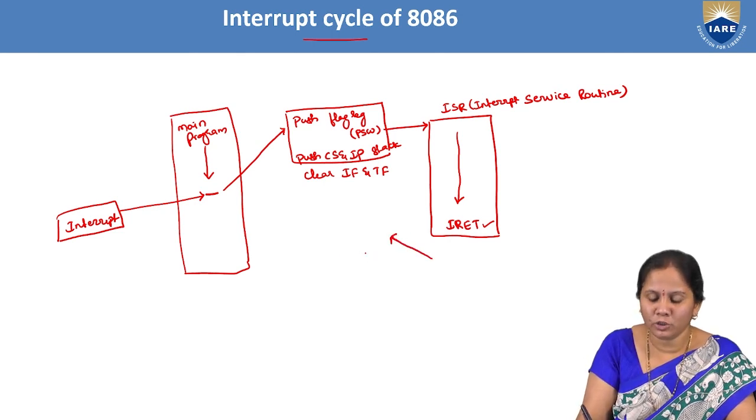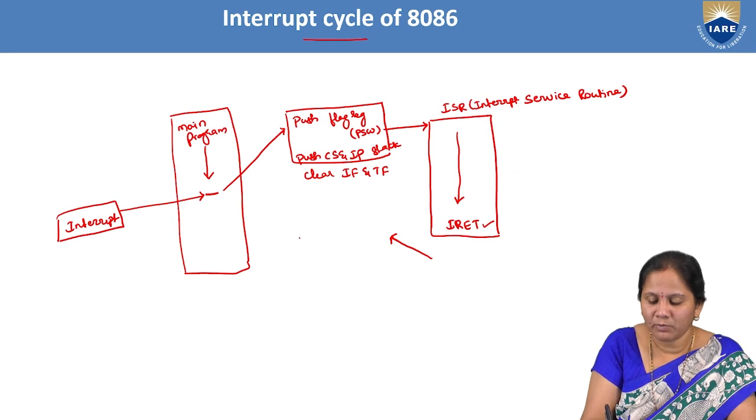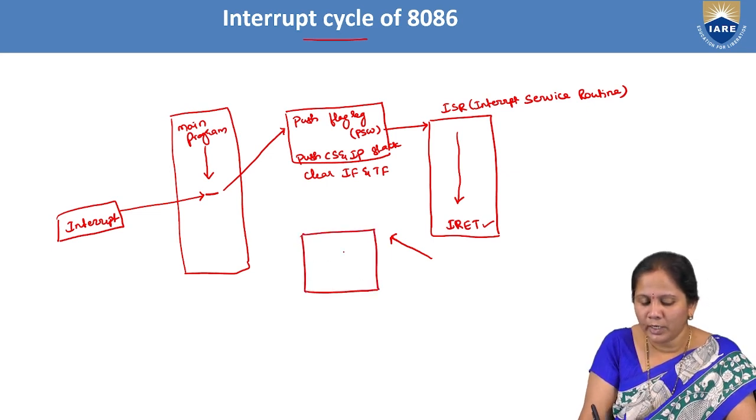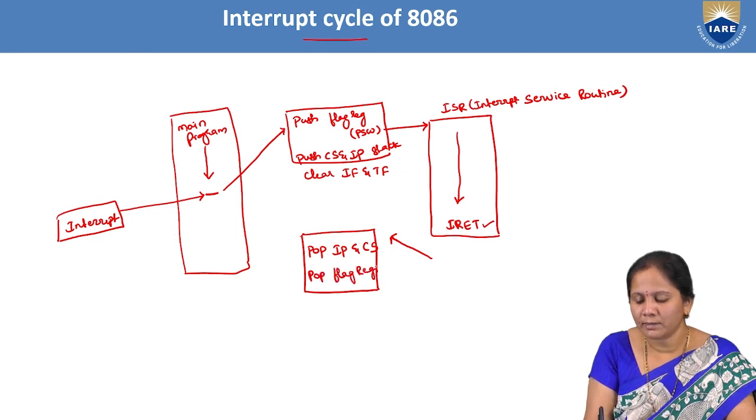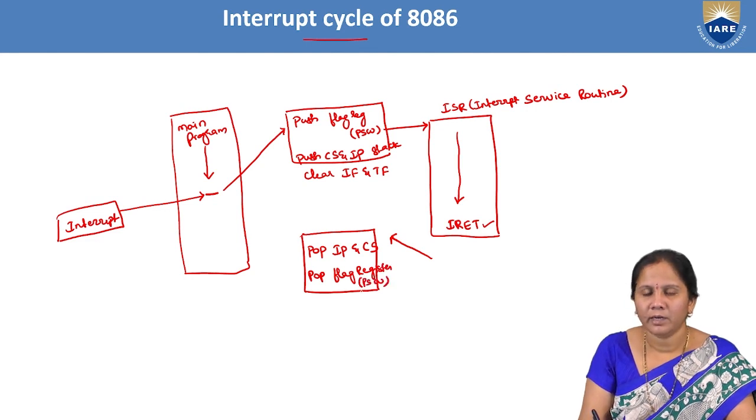Before branching to the main program, it has to pop the contents from the stack. That means before the control is transferred to the main program, it is going to pop the contents of IP and CS from the stack. Not only IP and CS, it is also going to pop the contents of the flag register, which is nothing but PSW.